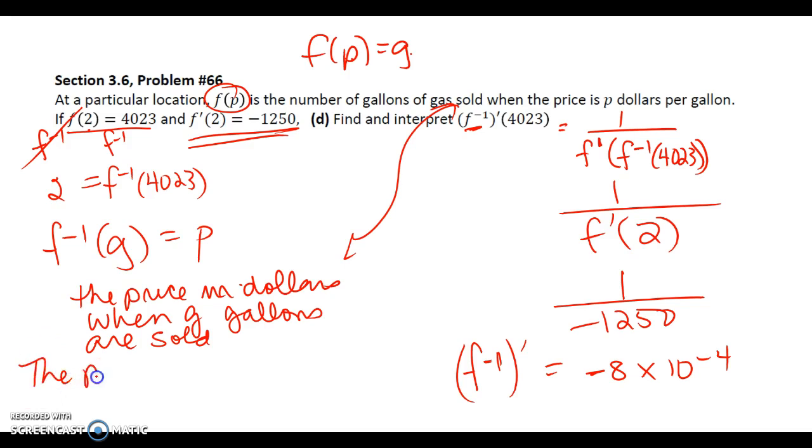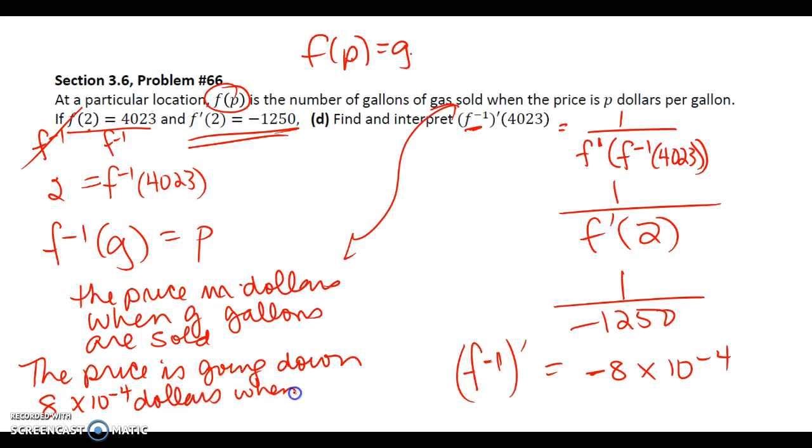So the price is going down 8 times 10 to the negative 4th dollars when 4023 gallons are sold. Remember, these rates of change are instantaneous, aren't they? Instantaneous.